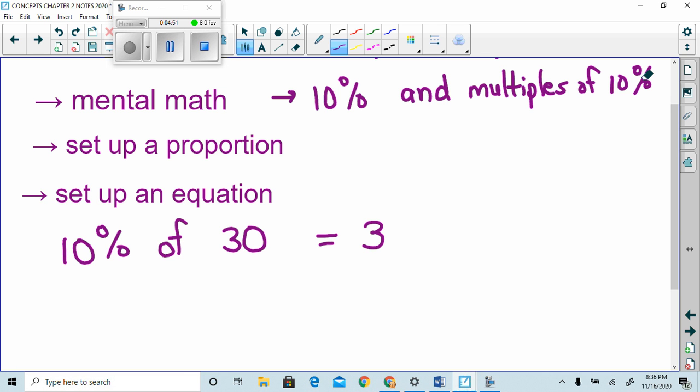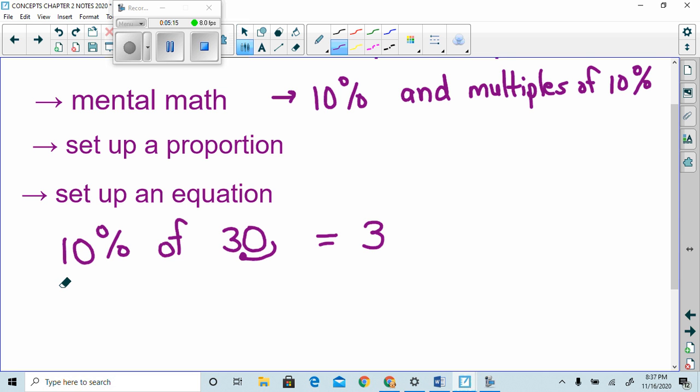It only works with 10, 20, 30, 40, 50, and so on. So 10% right away says we're going to be dividing by 10, or multiplying by 1/10, and we're going to move our decimal over one place. So 10% of a number just says move your decimal one place to the left.